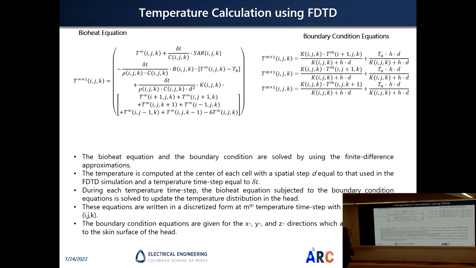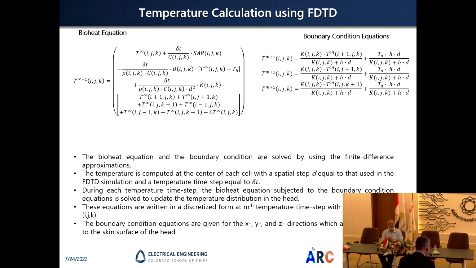Have you compared with a homogeneous head? I have seen that the rest temperature is a very small value. What would be the situation if I used a homogeneous head, for example? Not for the head, but we use homogeneous dispersive material.